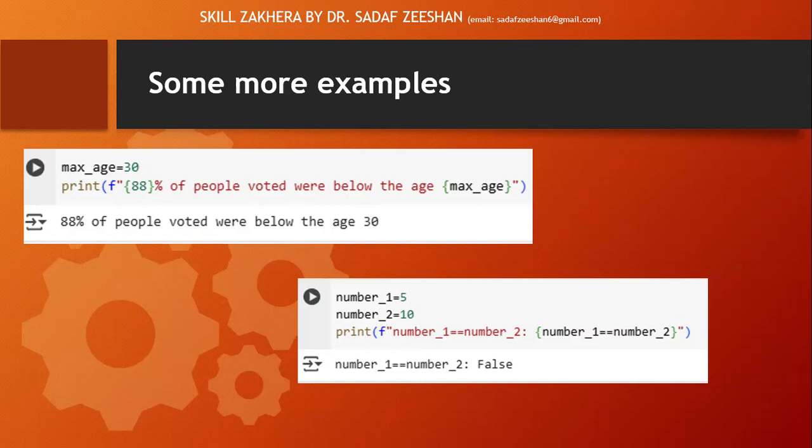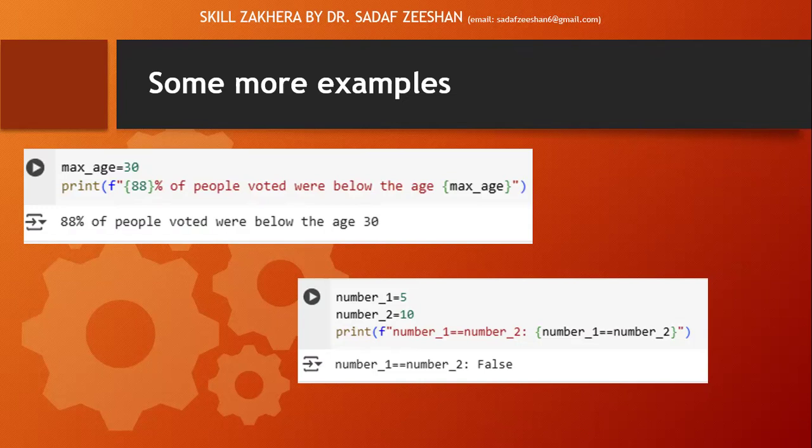So let's look at another example. Number 1 is equal to 5, number 2 is equal to 10, and I want to print number 1 is equal to number 2, and I'm going to use curly brackets to write the same thing.